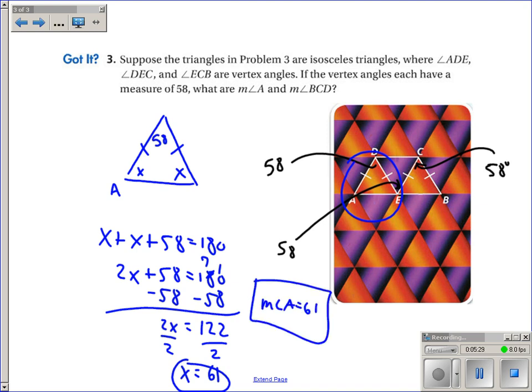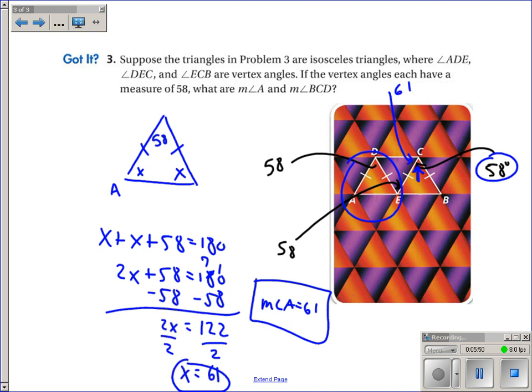Okay, now we need to next find the measure of angle BCD. Which is kind of hard to draw on this image, but I know that this part right here, if you can see it, this part is 58. And this part up here, just like angle A, is equal to 61.